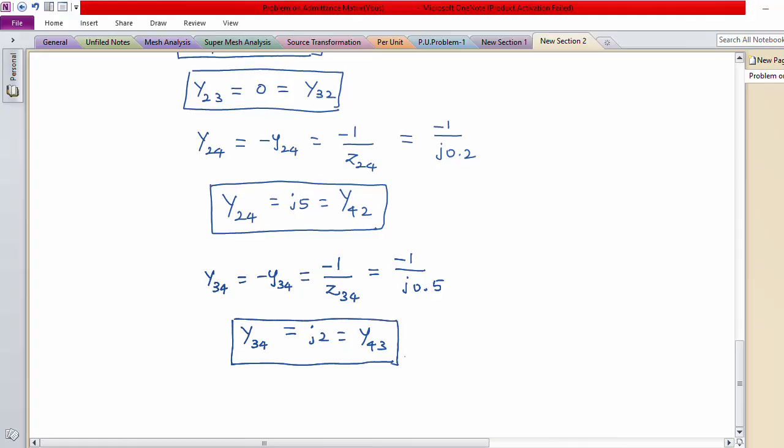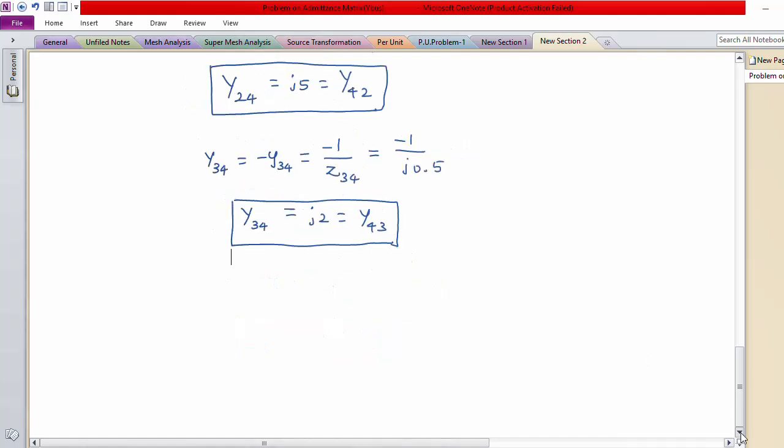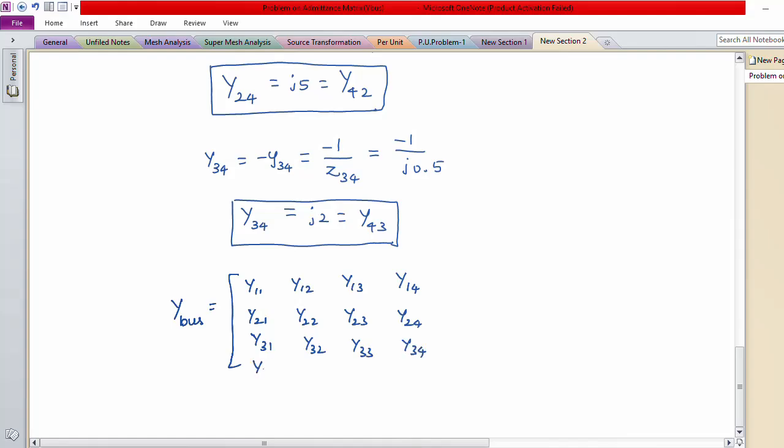Here totally we are having 4 buses, so we will get a 4 cross 4 matrix. At last we have to write the Y bus matrix, that is Y bus equal to Y11, Y12, Y13, Y14, Y21, Y22, Y23, Y24, Y31, Y32, Y33, Y34, Y41, Y42, Y43, Y44.